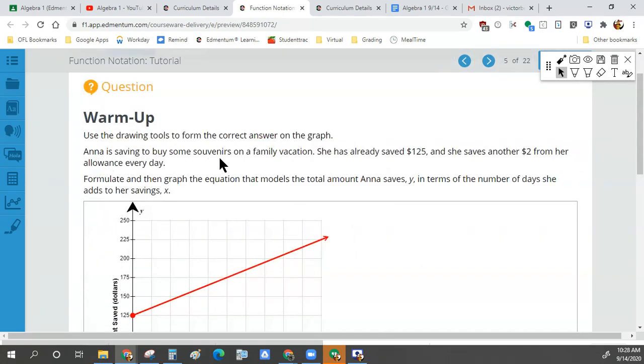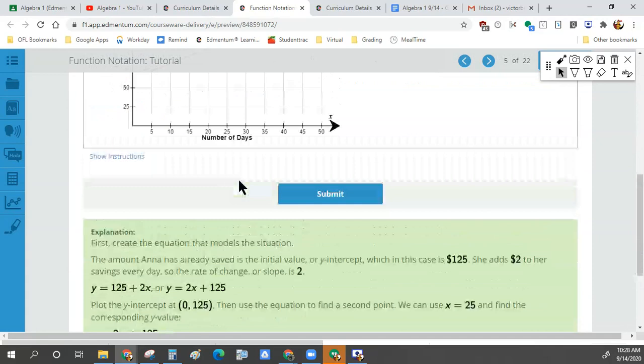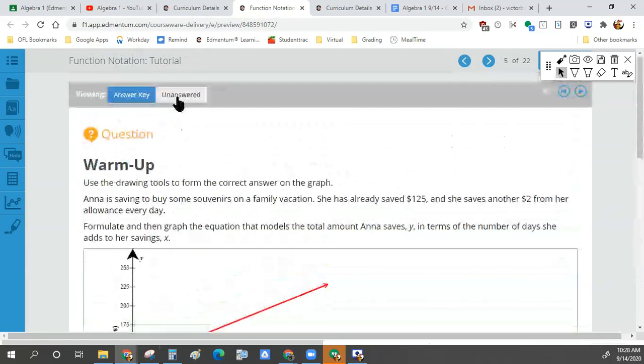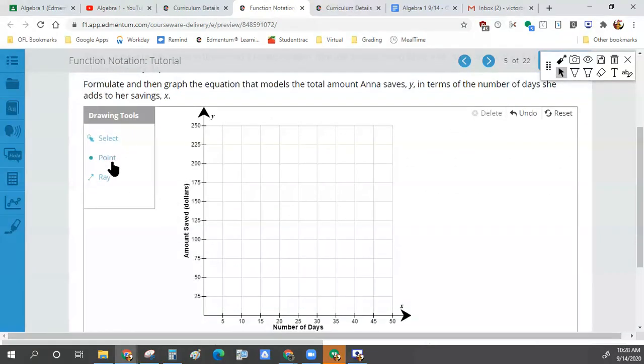So let me reset this to unanswered. So first thing, you have to do your point. So you can make your points. And then what you have to do here is click ray or line. So you click where you start off, and then you drag your mouse over to here.